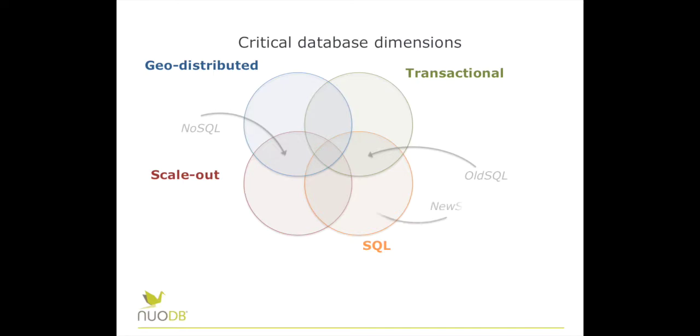So you need to be very aware of the capabilities of SQL boasted of by NoSQL database players. The new SQL guys pretty much took the old SQL model, but sought to break the scale out constraints, usually by use of shared memory caching and new technologies like that, but they haven't addressed the geo-distributed. And as I said before, NuoDB was founded, architected, designed from the start to address all of those.